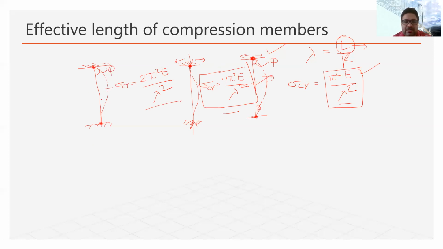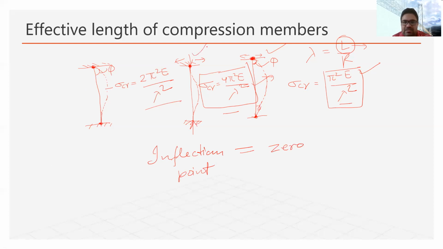Based on that, we try to find the effective length. Well, what is effective length? Effective length is the distance or the length of the column between the inflection points. The inflection point is where the moment is zero.